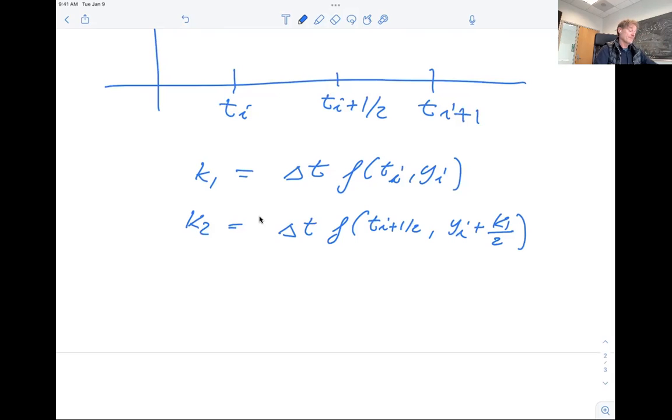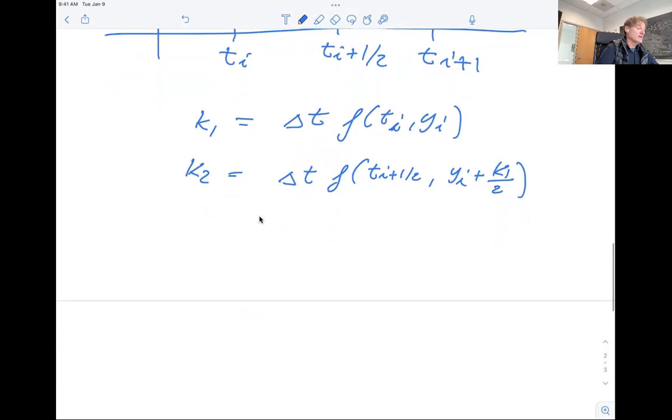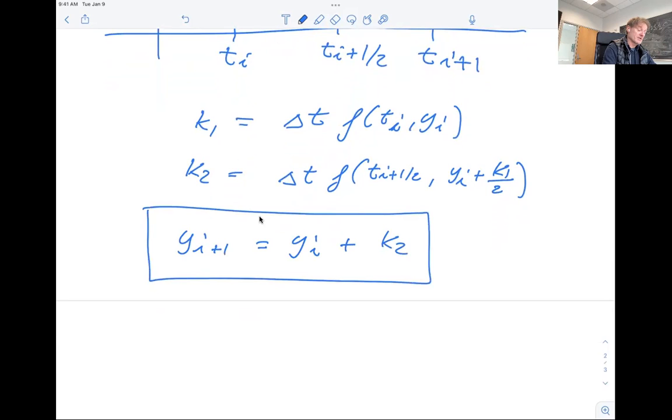Now, with that, we are ready to set up the method. So we would then have y of i plus 1 equal to y of i plus this quantity K2. And this is a method which is simply called RK2. So this is the Runge-Kutta to second order.